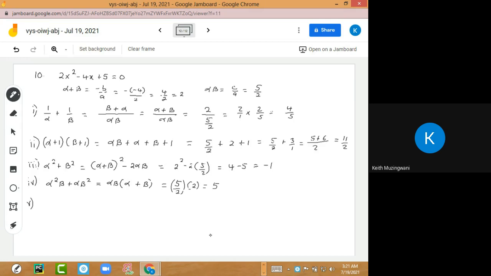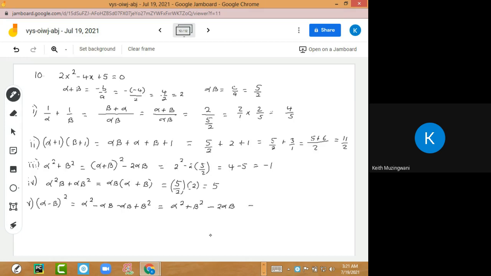5 alpha minus beta, then they square it. So we expand it. It will be alpha squared minus alpha beta minus alpha beta plus beta squared, which is alpha squared plus beta squared minus 2 alpha beta.